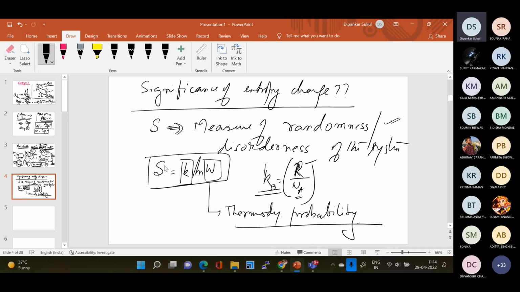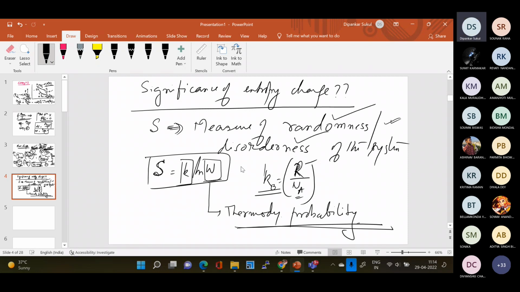That means entropy is a measure of thermodynamic probability, and thermodynamic probability is related with the randomness or disorderedness of the system. Thermodynamic probability means in how many intermediate steps you can rearrange a particular system.